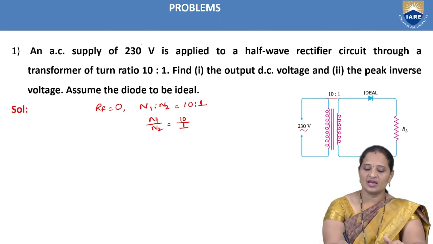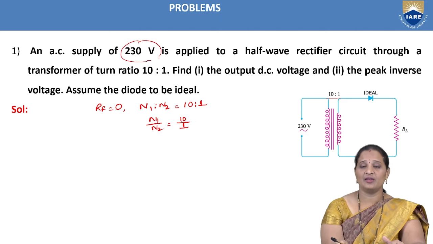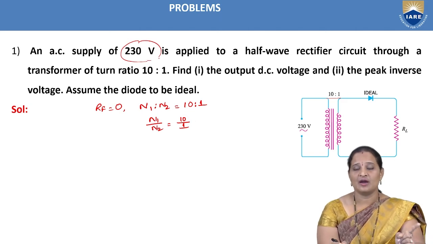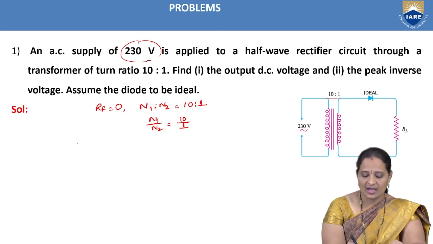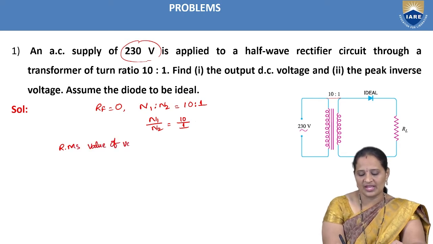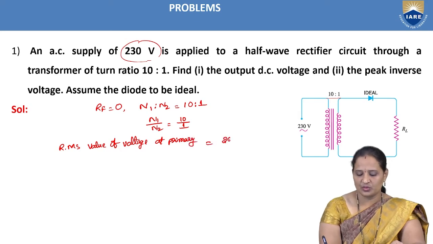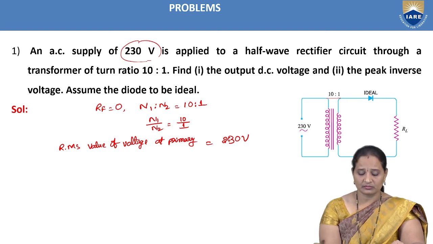Here the 230 volts represents the RMS value of the AC voltage at the primary winding of the transformer. So the RMS value of voltage at primary is equal to 230 volts.